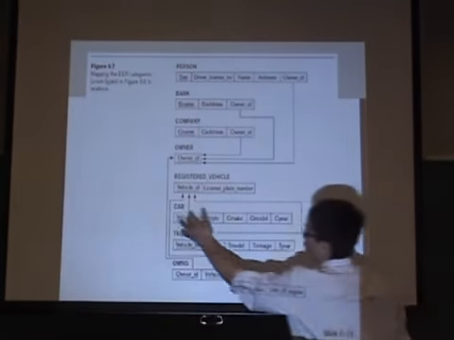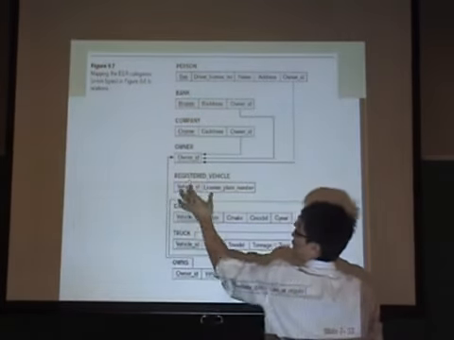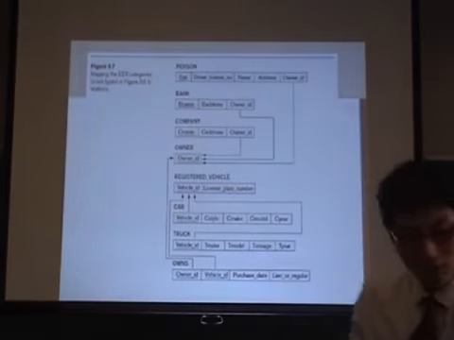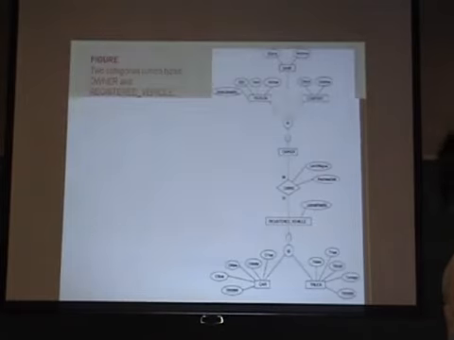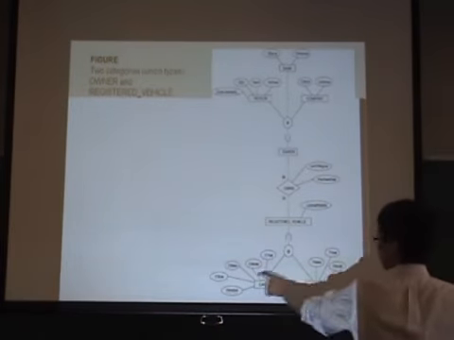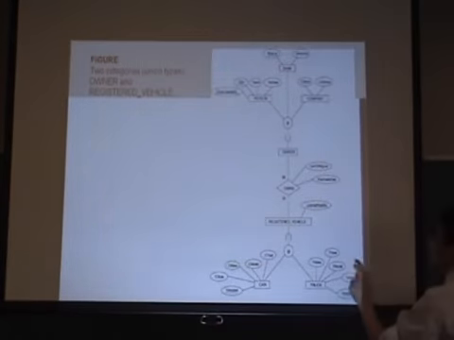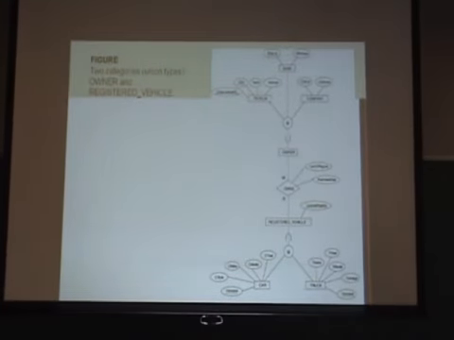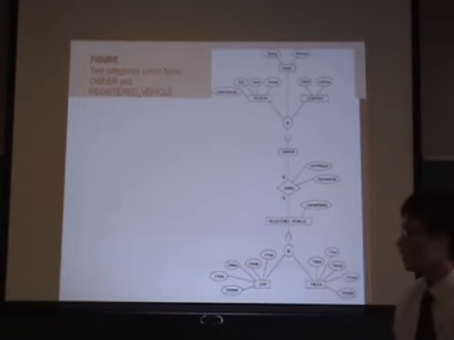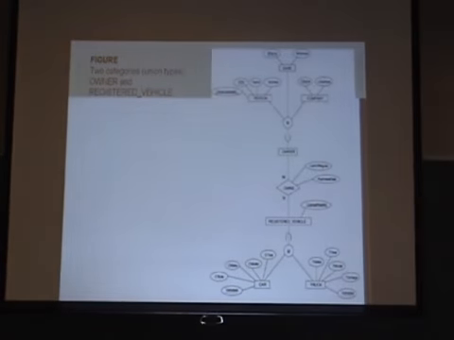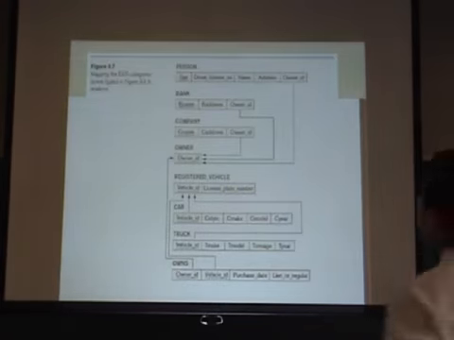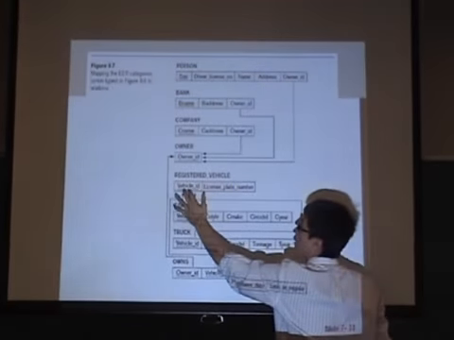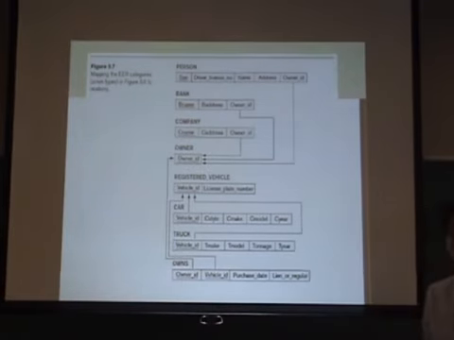Similarly, car or truck is registered. Okay? In this case, fortunately, we have a common vehicle ID. We have common things, so we can use them. Also, for registering the vehicle, we are going to use vehicle ID as the key. Okay?